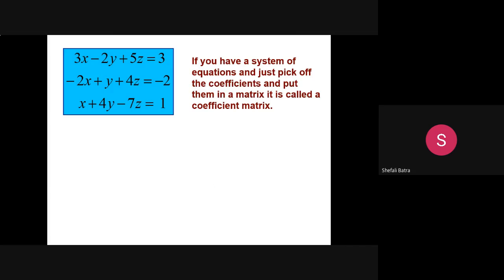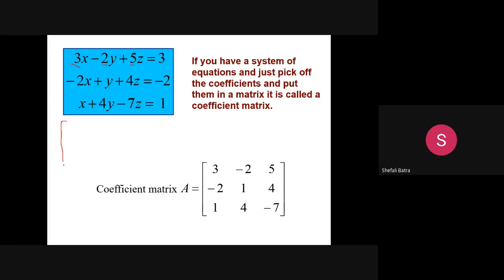If you have a system of equations like this, and you need to write the coefficient matrix, you will just take the coefficients of x, y, z and write the matrix like this: 3, minus 2 and 5. Minus 2, 1, 4. Then 1, 4, minus 7. So this is your coefficient matrix.